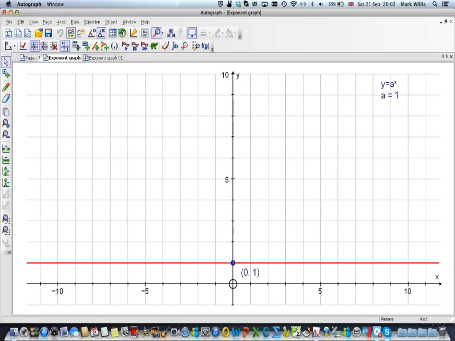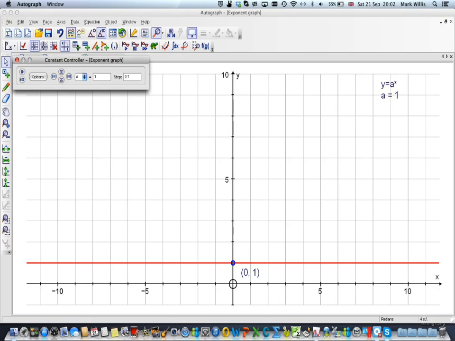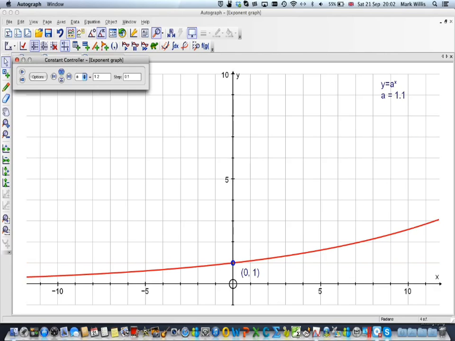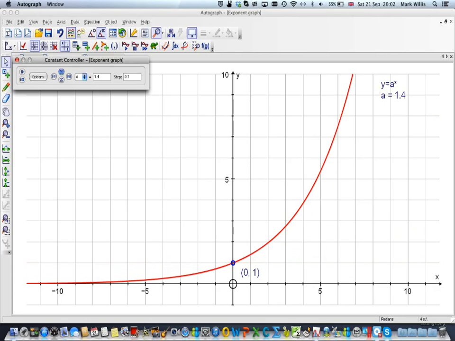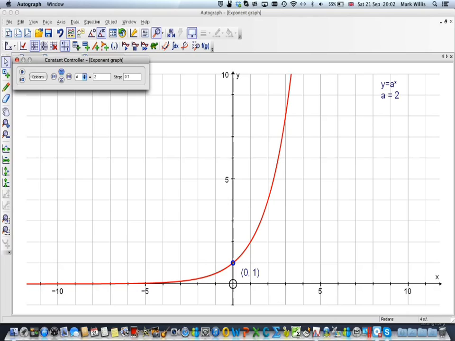Now, I can take the constant controller in Autograph, and there's only one constant here, and then increase the values of a. So there's 1.2, 1.4, 1.5, 1.9. Okay, so let's just have a quick look at this one.